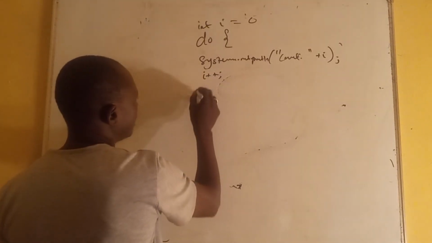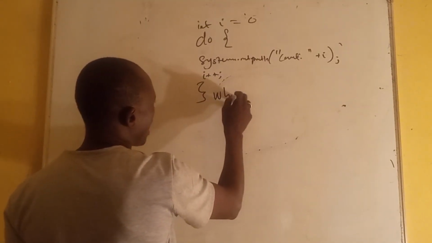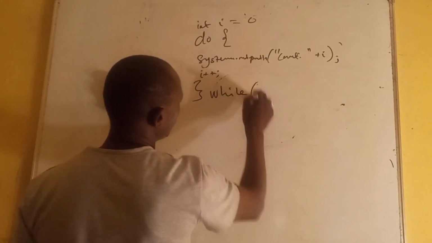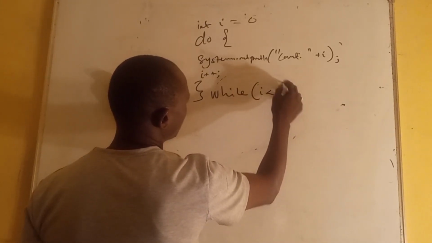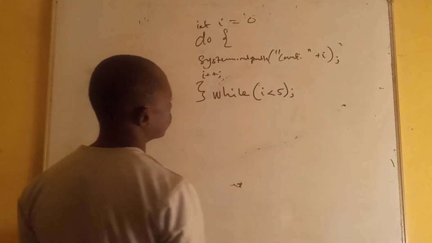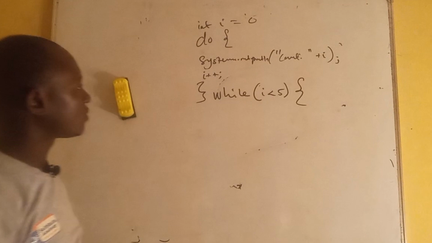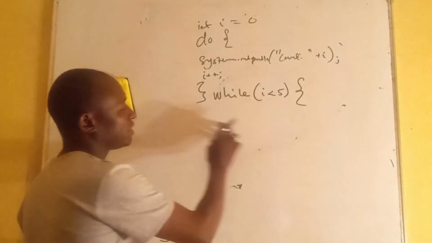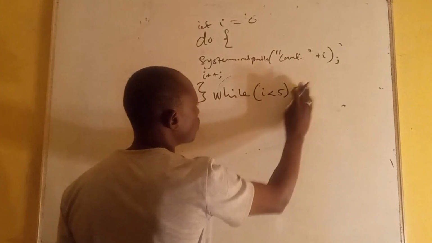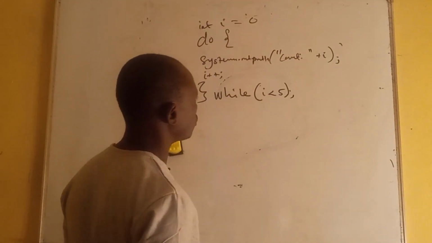You end this, then you close the curly braces, and you write your while condition, i is less than 5. Then you end your statement here, please. That's the difference. It's at least somehow confusing. So here you are done with this code.